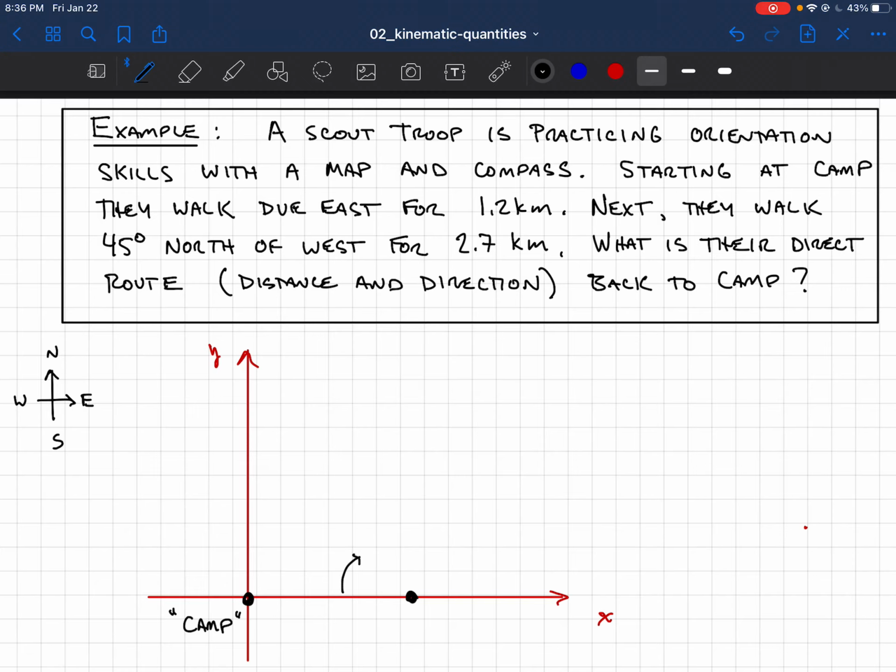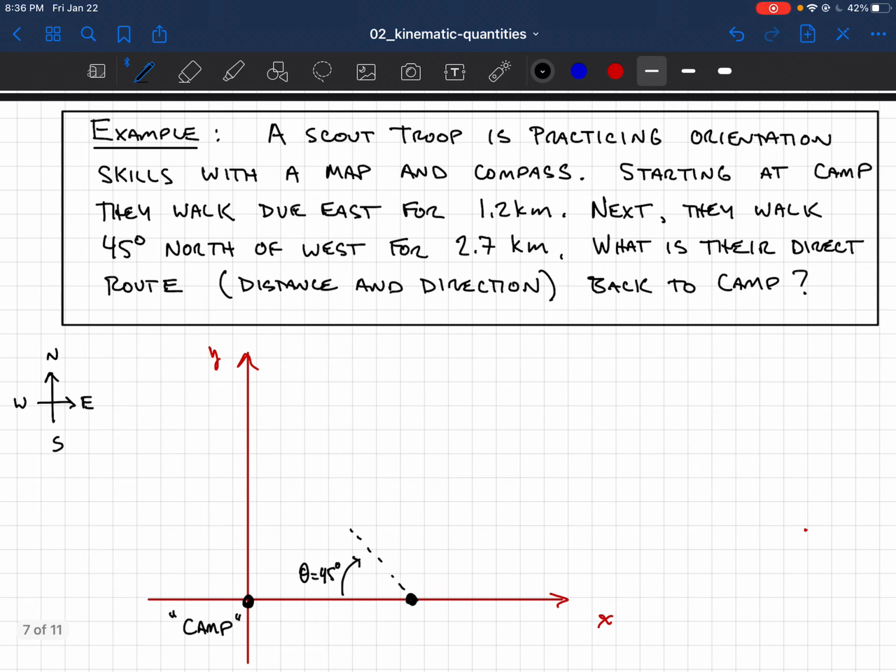So we can take this to be our theta, which is 45 degrees, and they're going to be going in this direction now. That's about 45 degrees. And if this is our distance, then they're going to go 1, 2, 3 of those, maybe out to here. So let's try and sketch that out. Maybe they'll get to this point here.